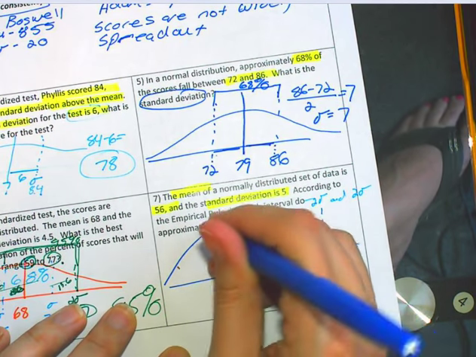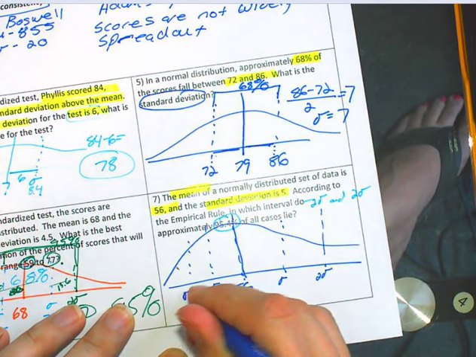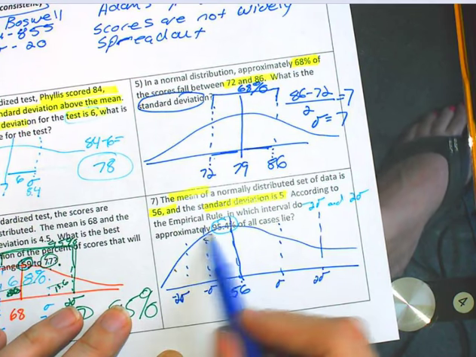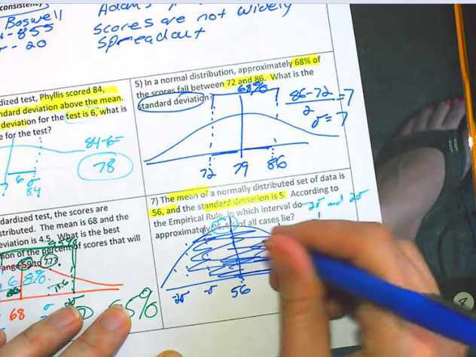So then I'm going to go down 1, down 2. And this represents 95.4% of the data.